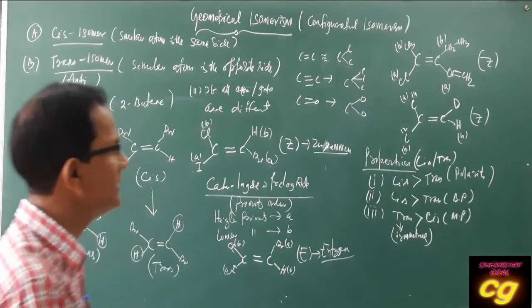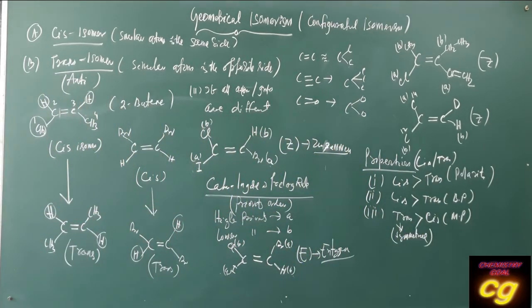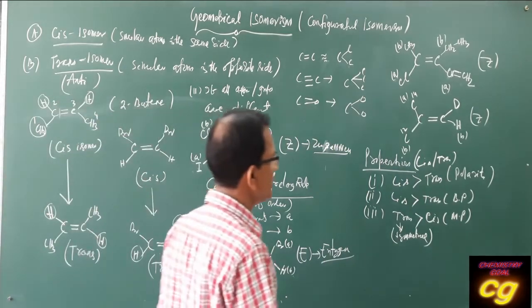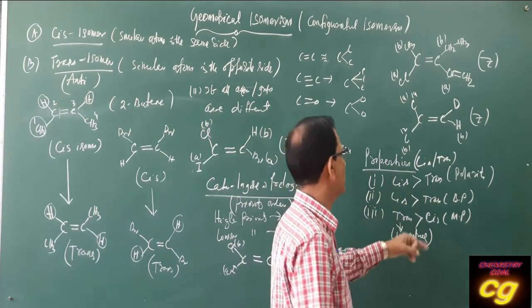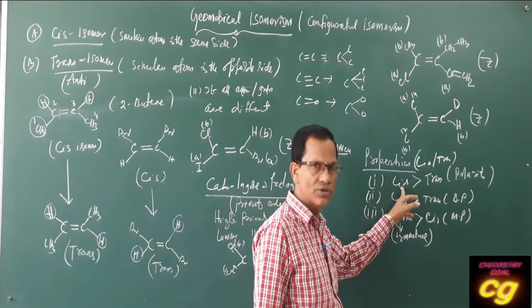So this is regarding melting point, boiling point, and polarity, and also stability. If you see, the cis isomer is generally unstable.